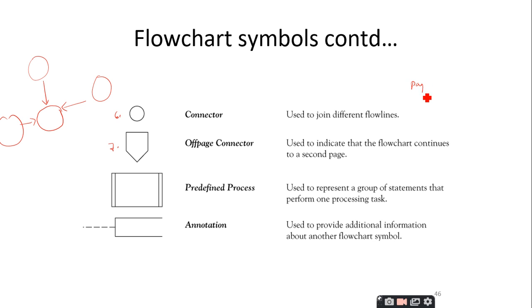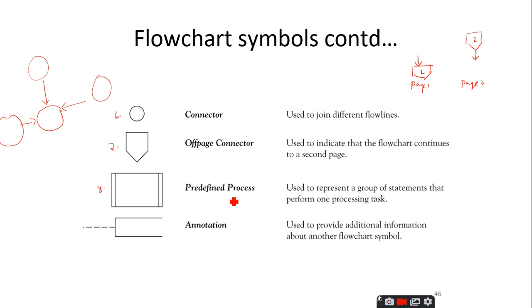For example, this is page 1, and at the end you should not continue the flow line. You draw it like this and put the number 2. Then in page 2, at the starting point, you draw it like this, which shows that page 1 ended with this connector and page 2 is starting with this connector. This is the purpose of the off page connectors.